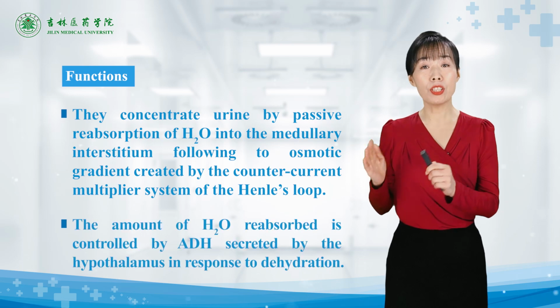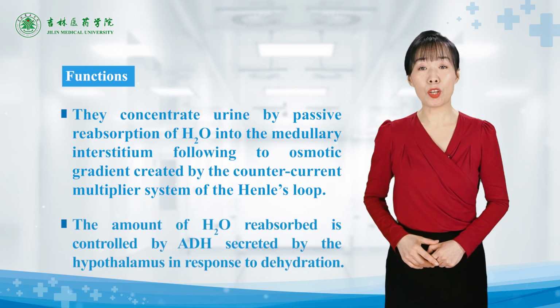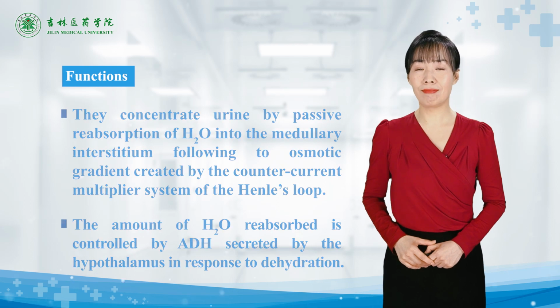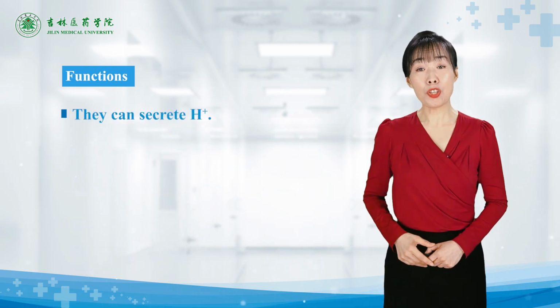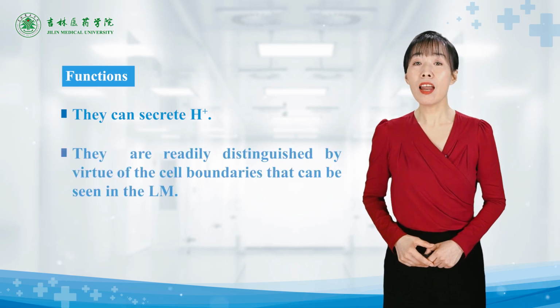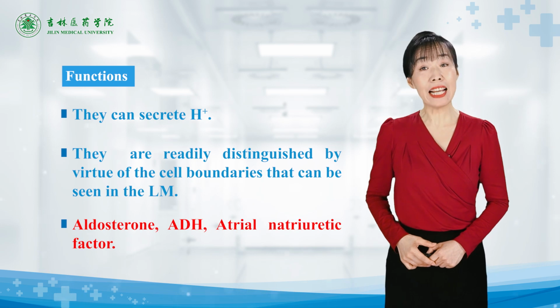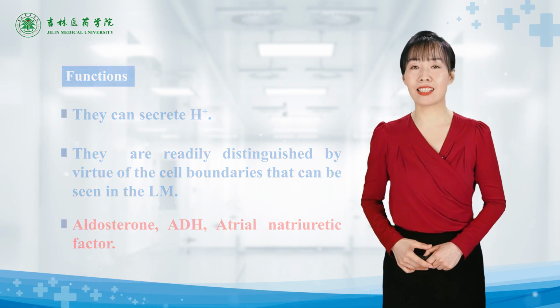The amount of water reabsorbed is controlled by ADH, secreted by the hypothalamus in response to dehydration. They also can secrete hydrogen ion. Their functions are controlled by aldosterone, ADH, and atrial natriuretic factor.